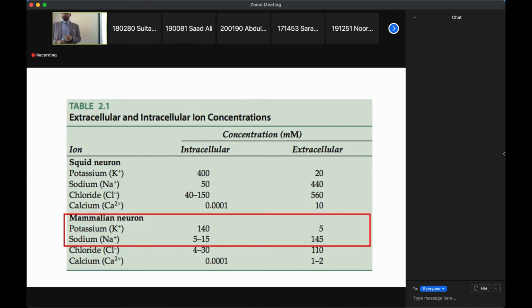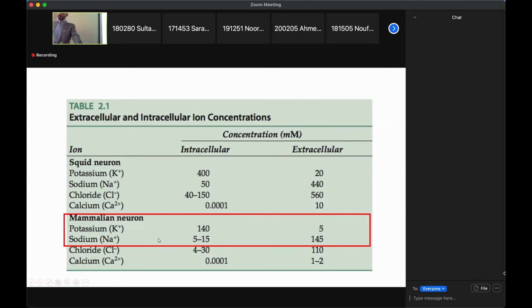The most important ions responsible for the generation of electrical potential are potassium, which has a higher concentration inside the cell compared to outside the cell. Also sodium, which is the opposite: it has a lower concentration inside the cell and a higher concentration outside the cell.